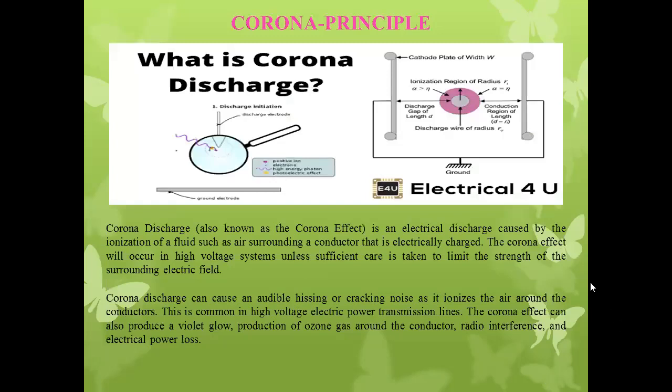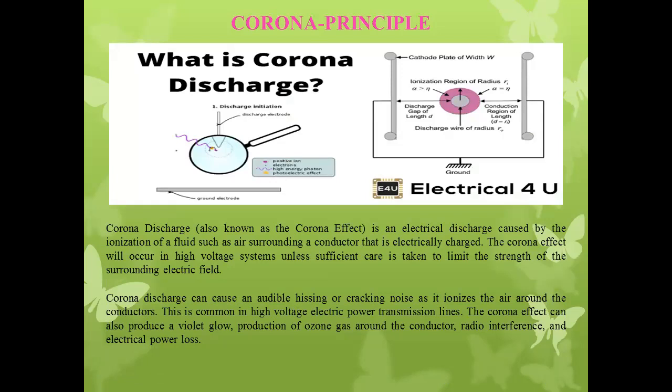Corona discharge is an electrical discharge caused by the ionization of fluids such as air surrounding the conductor. As we know, our overhead transmission line conductors pass through the air medium.